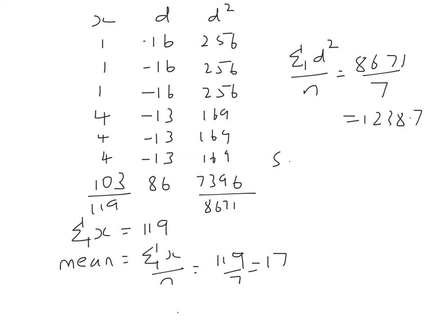So the standard deviation is the square root of that, 35.2. Now that's a bigger number than the one we had before. In the previous example we had the standard deviation to be 21.9, now we've got 35.2. It's measuring the spread. These numbers are further apart from each other than the previous ones.